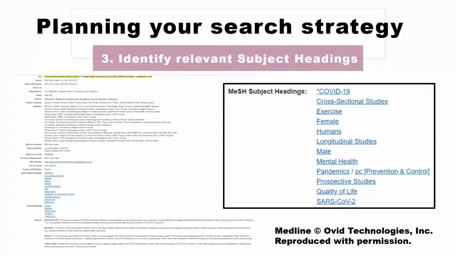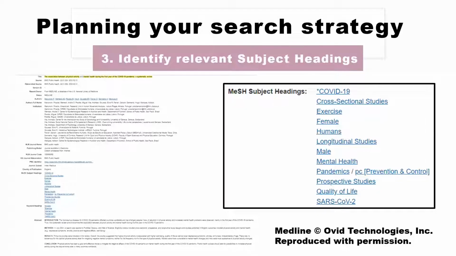What happens is a real person, an indexer in most cases, reads the articles and decides what subject the article is about. They have a list of approved terms that all have clear definitions so that they can choose the correct subject, and make sure that it's on topic and not too broad and not too narrow. It's at the right level of specificity.